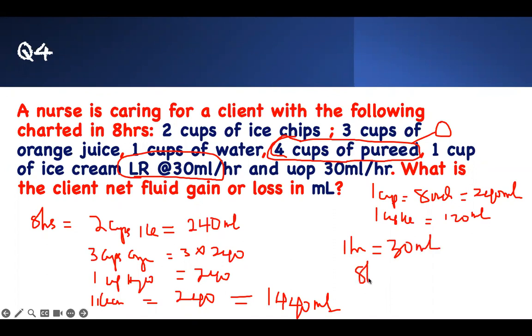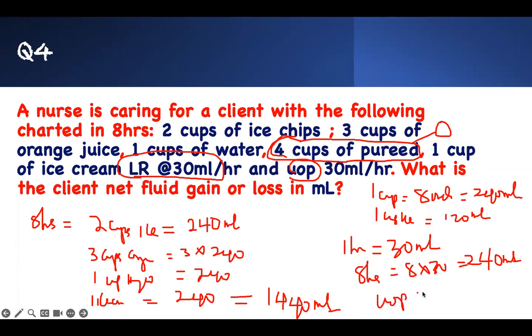Therefore, in 8 hours, you will get what? 8 times 30. This will be 240 ml. This is how much fluid you got. And his urine output is the same thing, 30 ml per hour.